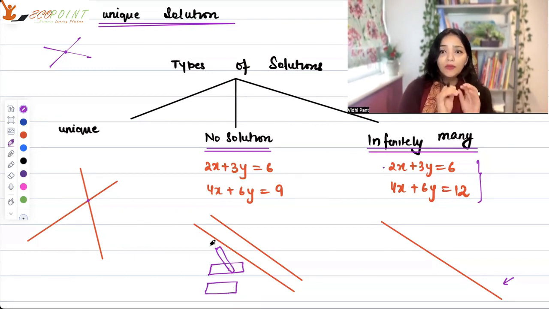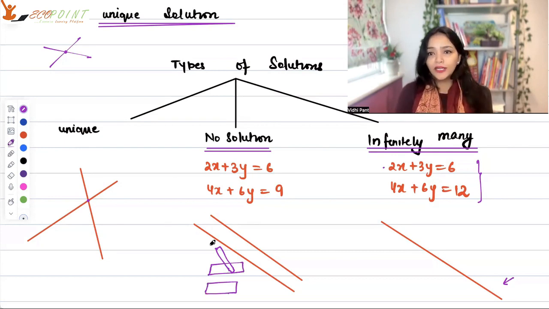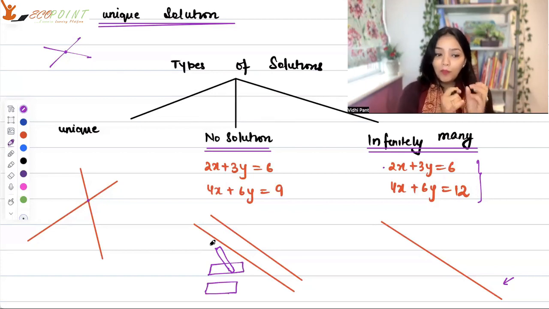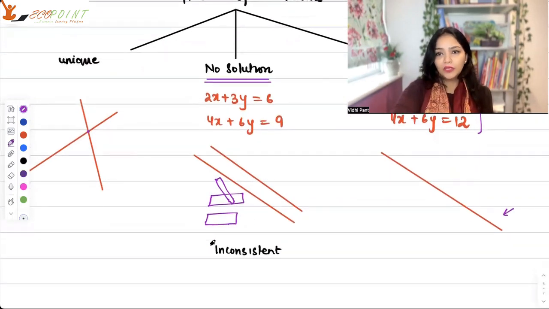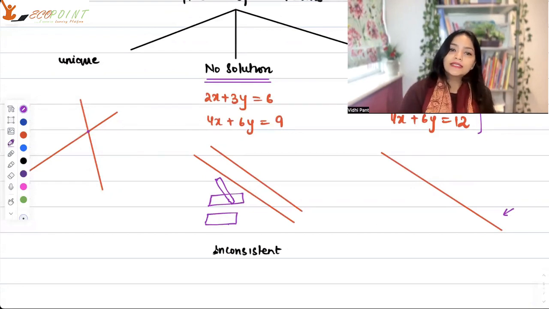So when you're looking for a solution, whatever points you are getting should satisfy every equation in the system. It should not be the case that it's satisfying one and not satisfying the other two. A point is a solution when it satisfies each and every equation in the system of equations. Now, no solution is a scenario where you get inconsistency.